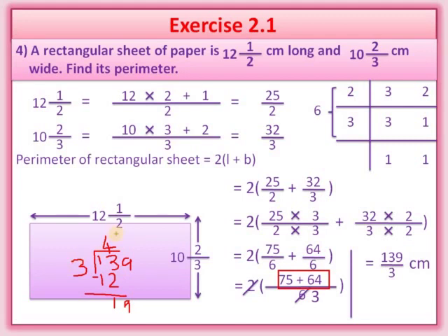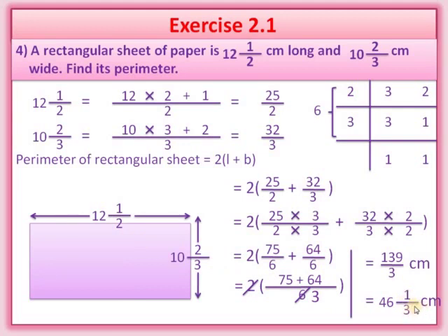So 3 times 4 is 12, 3 times 5 is 15, 3 times 6 is 18. So you will get remainder 1 only. So what is the answer? 46 integer 1 upon 3, 46 integer 1 upon 3 centimeters. It is your answer.